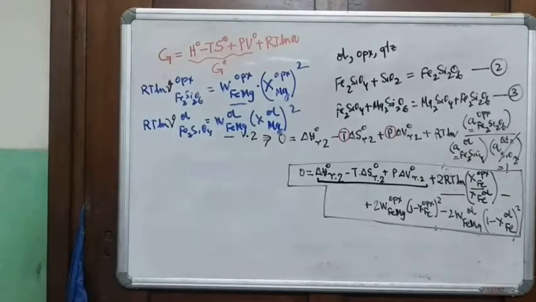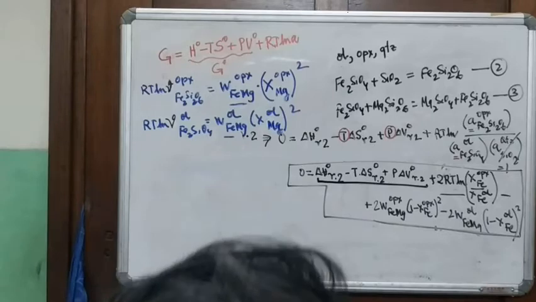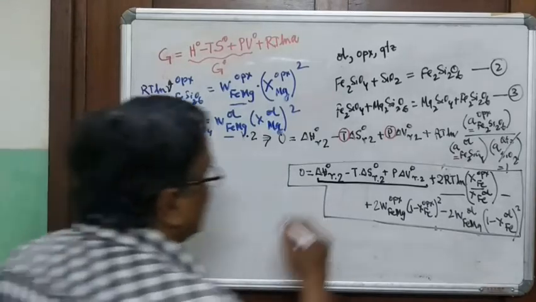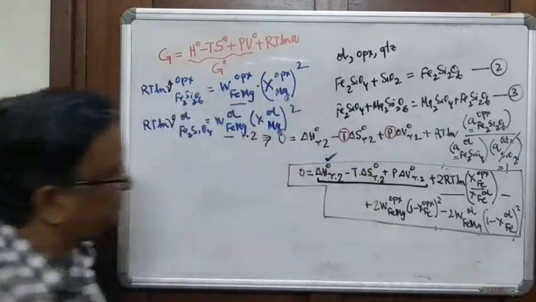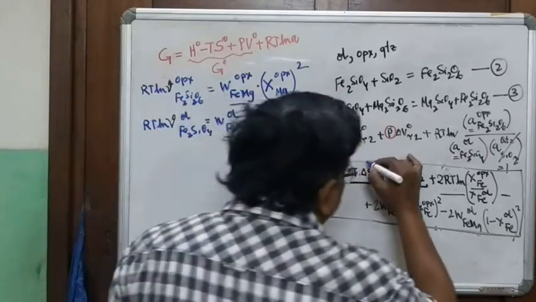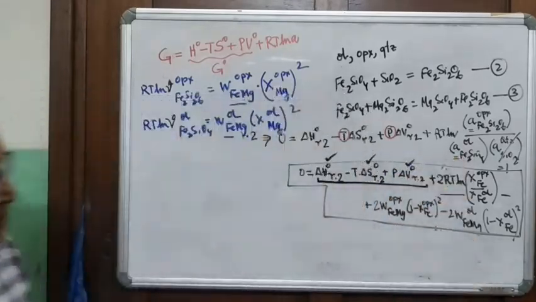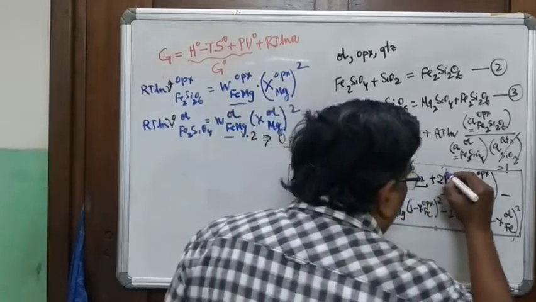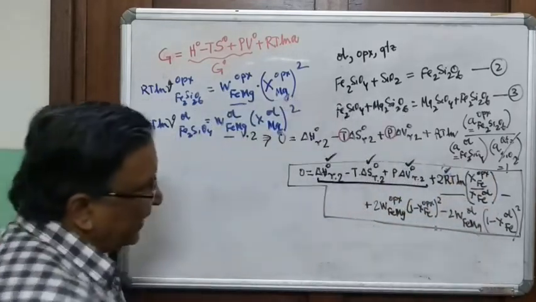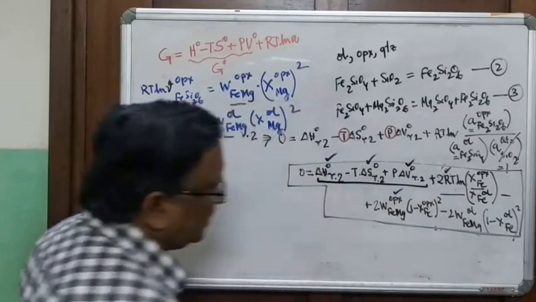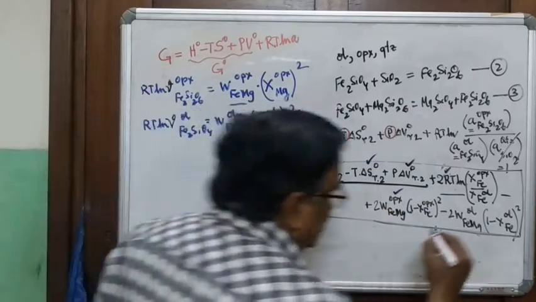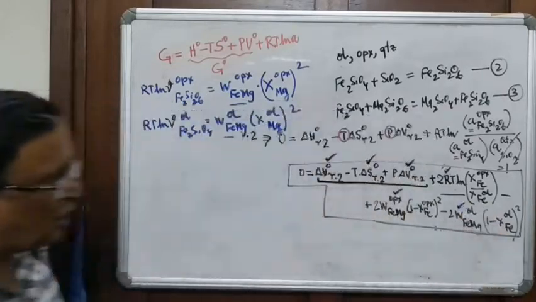Right. Now, what do we know? Which terms do we know? We know delta H0. We know delta S0. We know delta V0. These are thermodynamic terms. We know R. We know W FeMg orthopyroxene. We know W FeMg olivine.